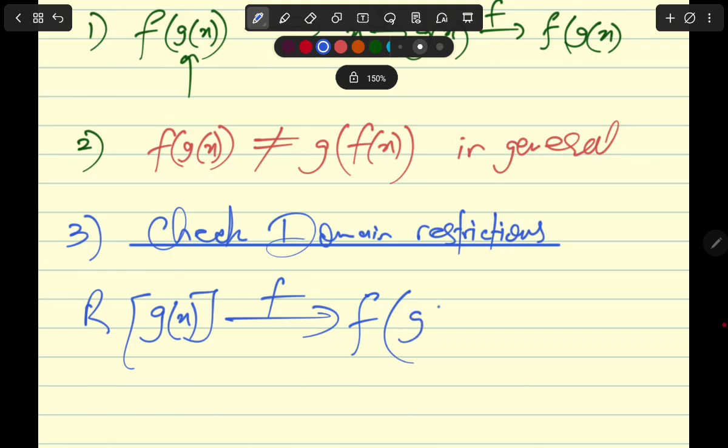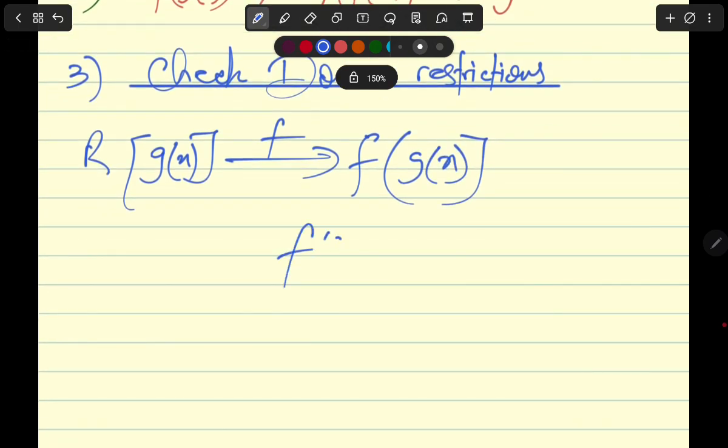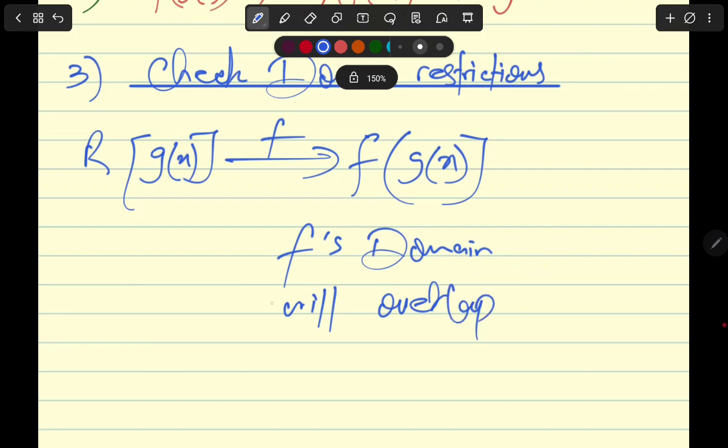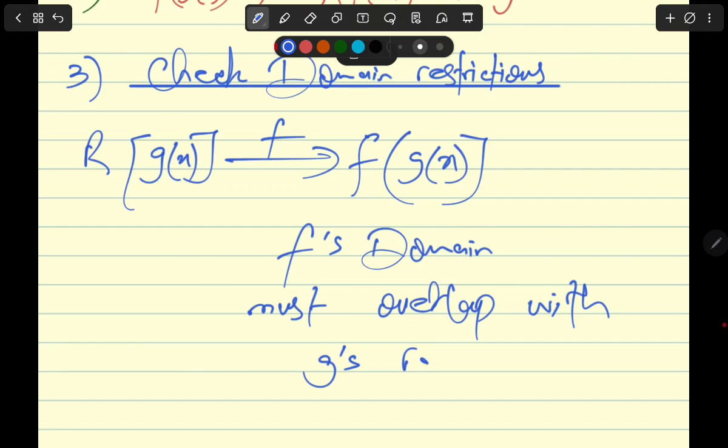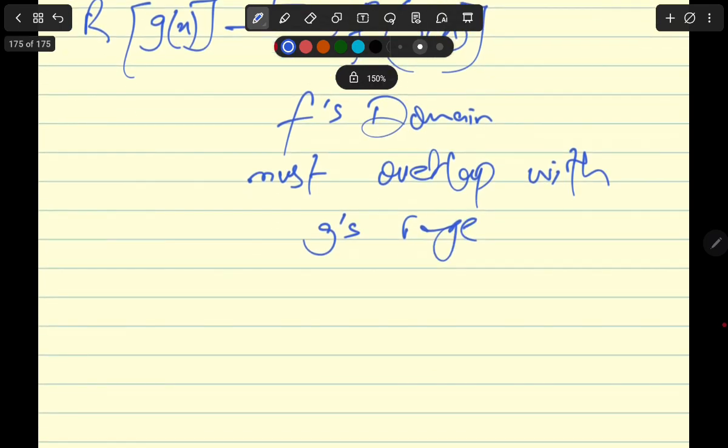So f's domain must overlap with g's range. Okay, and I'll explain it to you in the later videos.